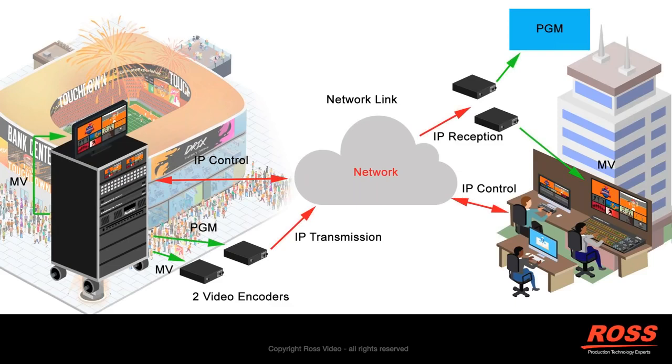We have some customers that send a very simple system to a venue for a sports production. That simple system includes maybe the switcher frame. In this case, it does, so the actual switcher hardware is there. This is to minimize the pipeline required to get back to central control. By minimizing the bandwidth requirements, that can save some money.